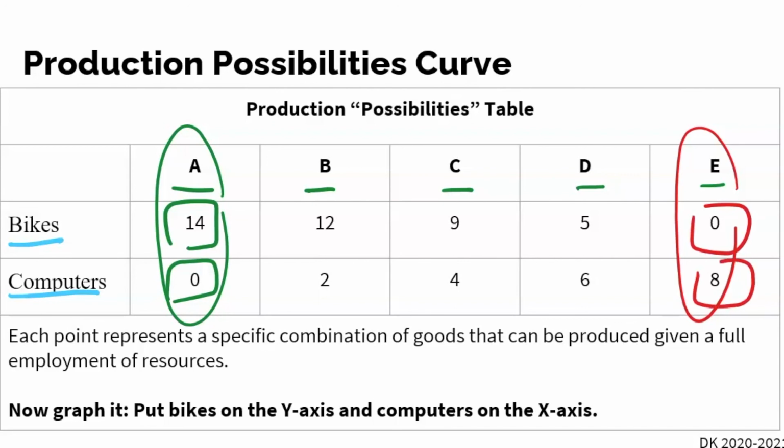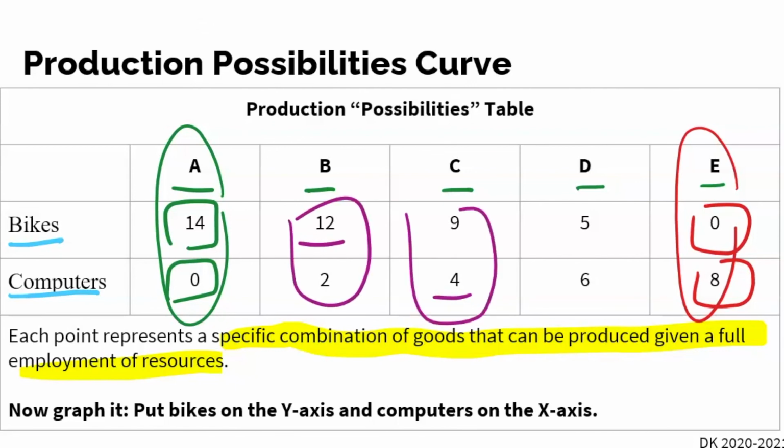That's why it says each point represents a specific combination of goods that can be produced given full employment of resources. In this scenario, there is no way they can produce 12 bikes and 4 computers. They can either produce 12 bikes and 2 computers or 9 bikes and 4 computers.